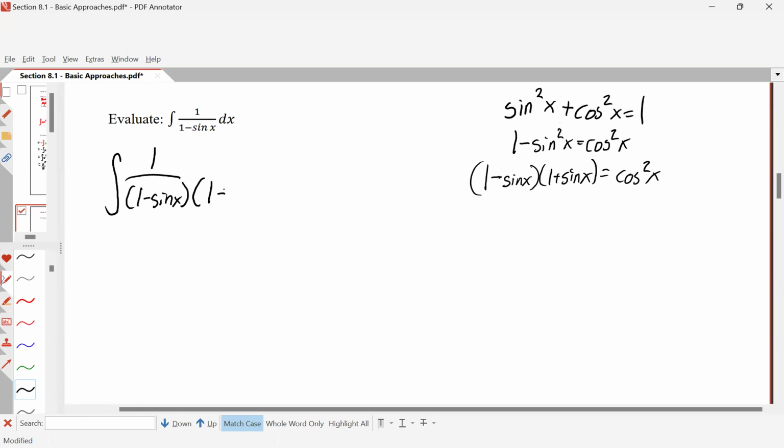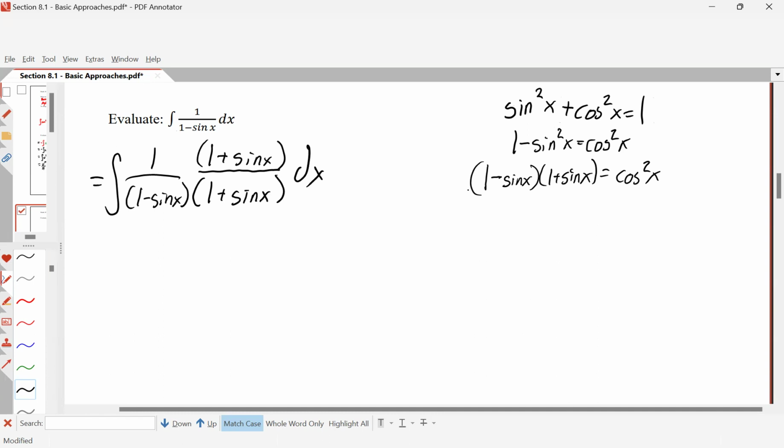However, as I multiply the denominator by 1 plus sine x, I need to keep my integral the same, so I need to multiply the numerator by 1 plus sine x as well. This integral is the same as the integral of 1 over 1 minus sine x.